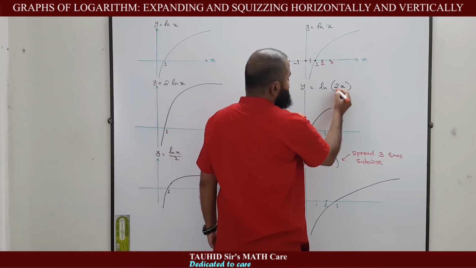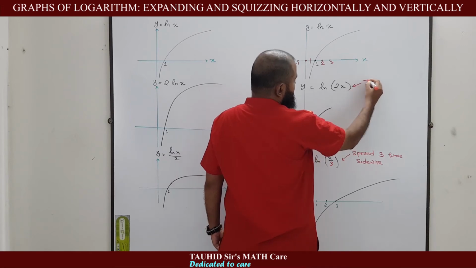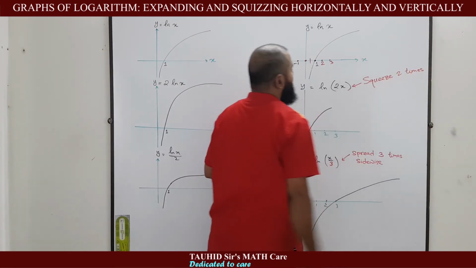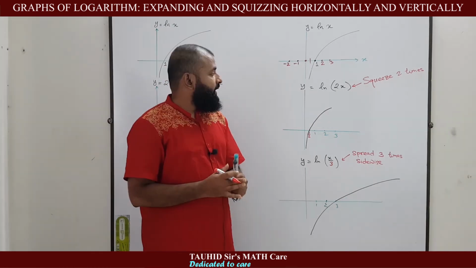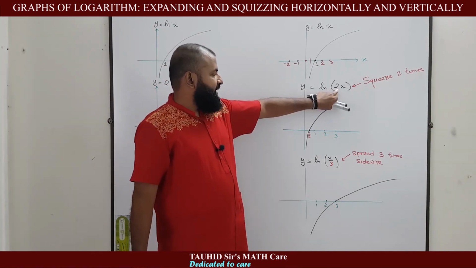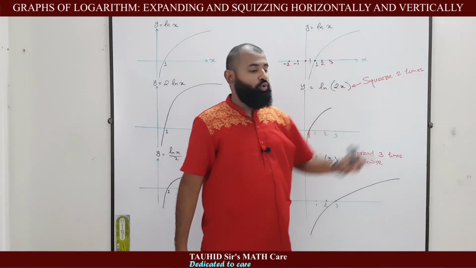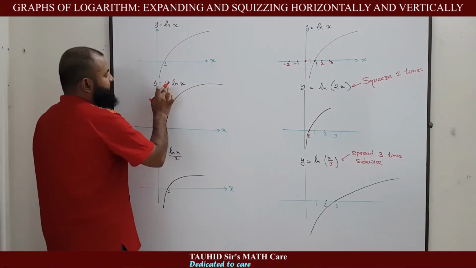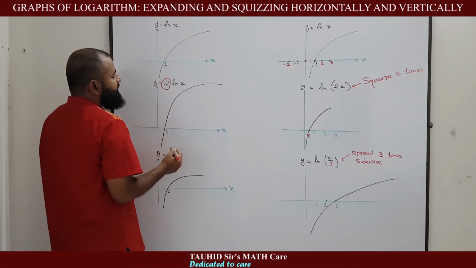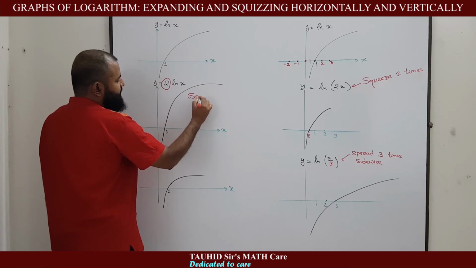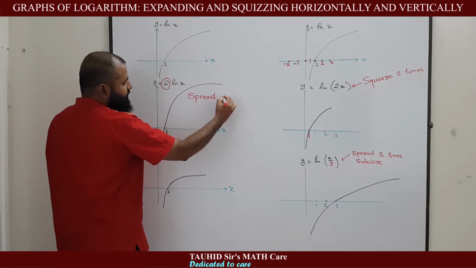When something is multiplied with x, the whole graph will squeeze. How much will it squeeze? It will depend on this. If 2 is multiplied with x, it will squeeze 2 times. When something is multiplied with the whole function, the graph will spread. In which direction?